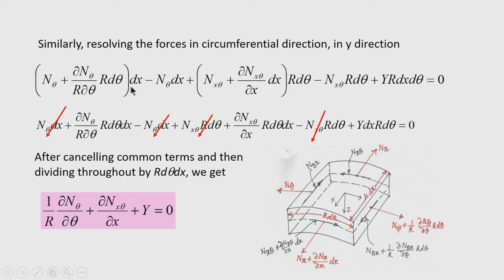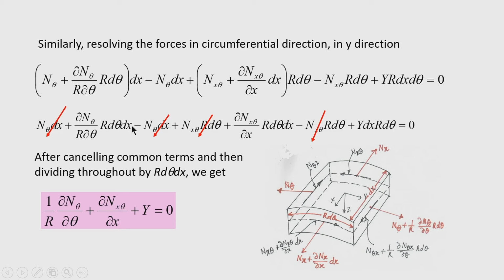Now, again term by term multiplication you carry out, and you will find that it is decomposed into n theta dx plus del n theta r d theta dx, then minus n theta dx plus n x theta r d theta plus del n x theta by del x into r dx d theta minus n x theta r d theta plus y dx r d theta equal to 0.